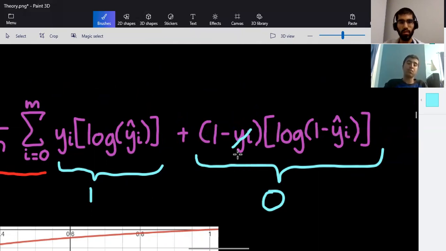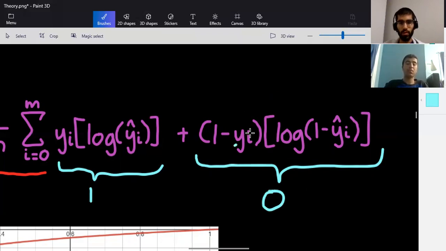So what I'm saying is this term can't have y equal to 1, otherwise that value is 0. However, if y is equal to 0, then 1 minus 0 is just 1. So it's like you're multiplying 1 times whatever is in here.